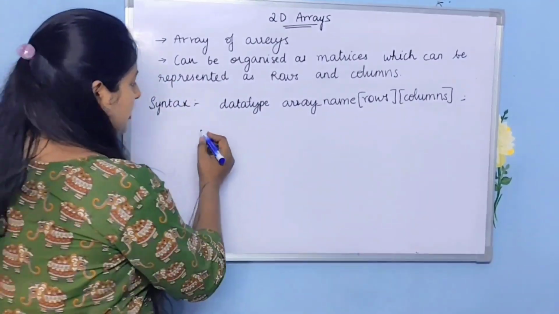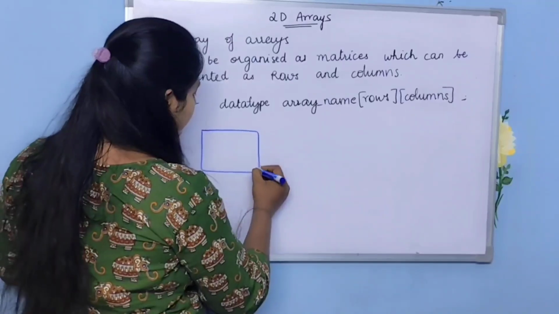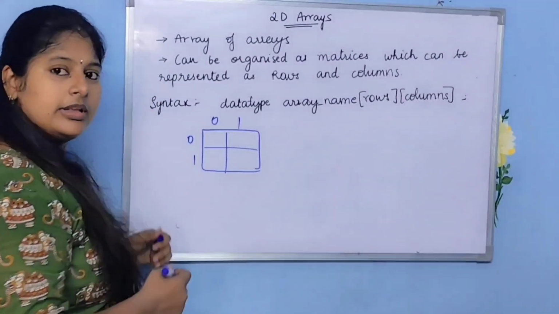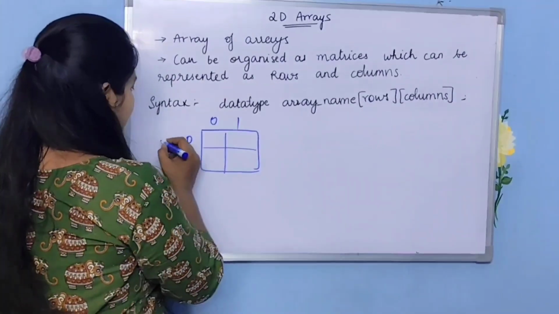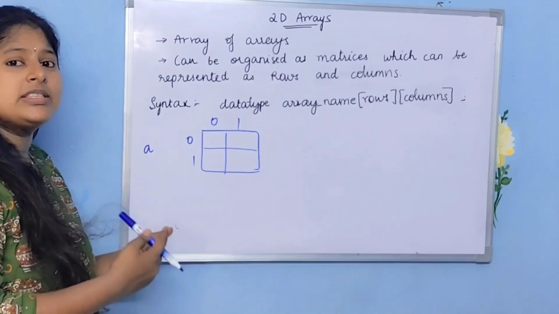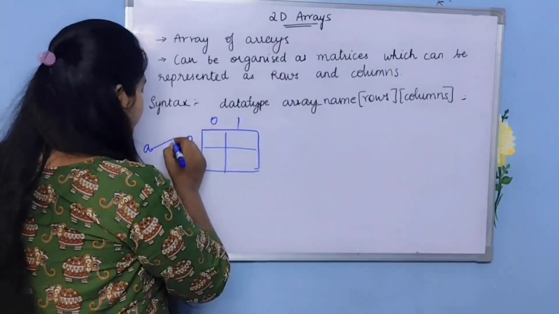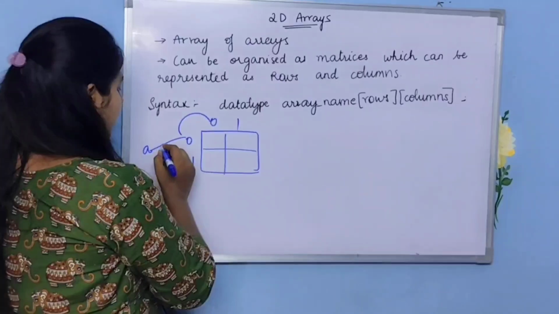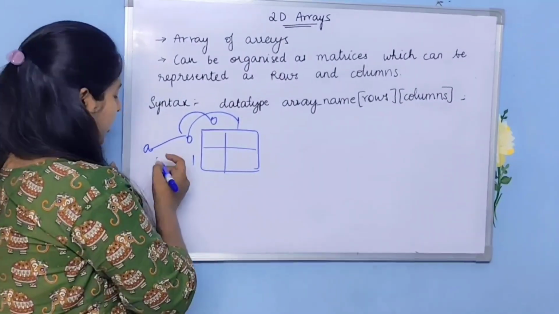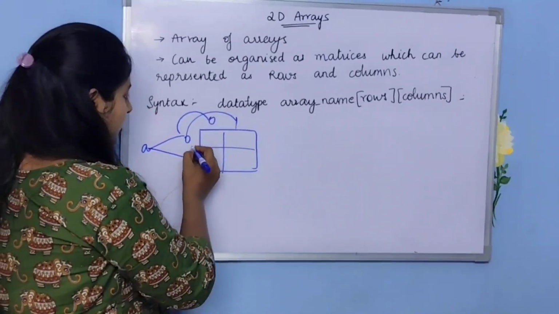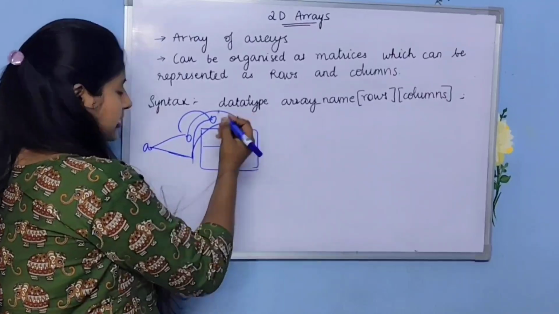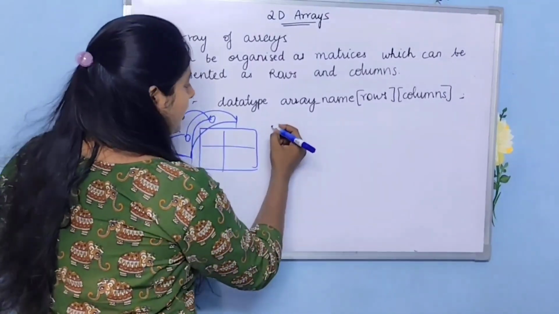How are matrices being represented like this, right? For example, I have 2 rows, 2 columns. So, this is how you represent it. For example, this is my complete array. I will insert my first element as A of 0, 0, my second element as A of 0, 1, my third element will be A of 1, 0 and the next element will be A of 1, 1. So, how many elements are there here? 4 elements, right?